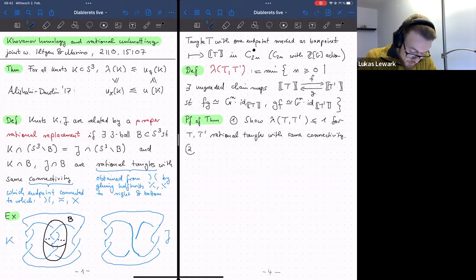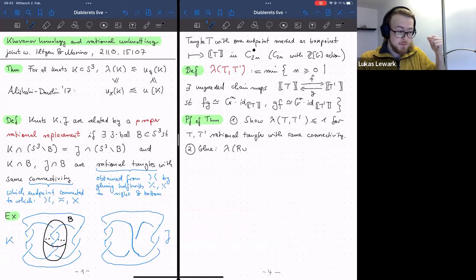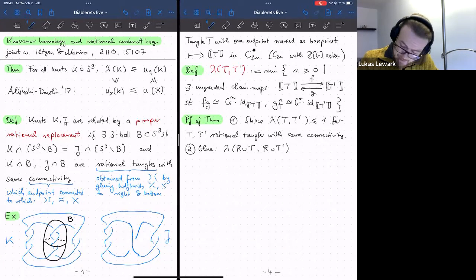We just need to glue and use that lambda is well behaved under gluing. So if I glue these rational tangles T, T prime together with the rest of the knots K and J, then this is less or equal than lambda of T, T prime. And that's the proof.